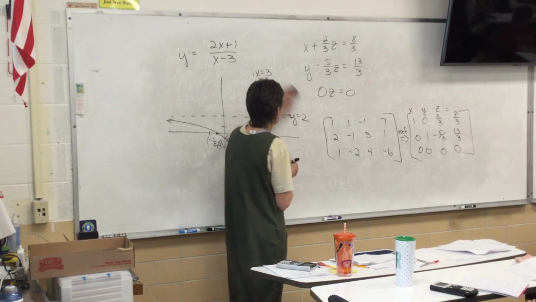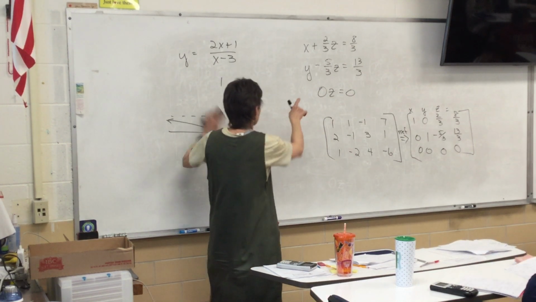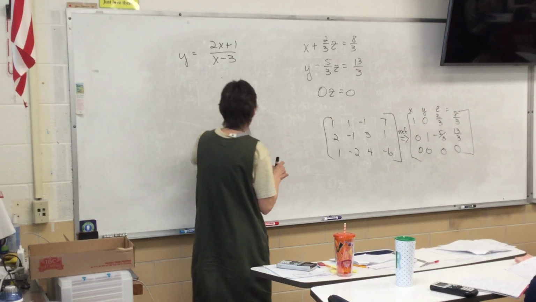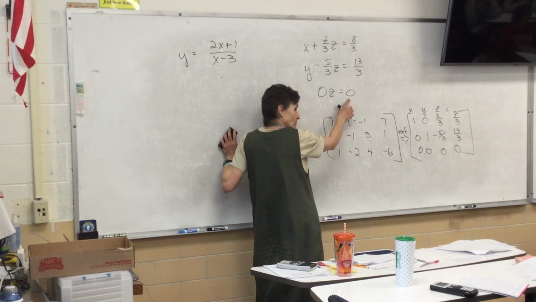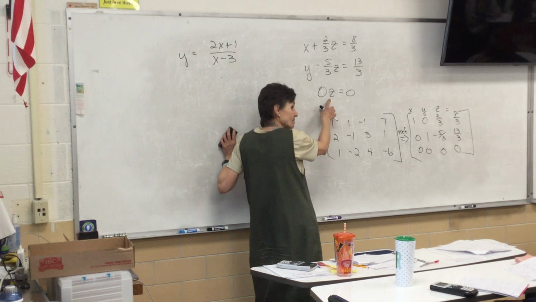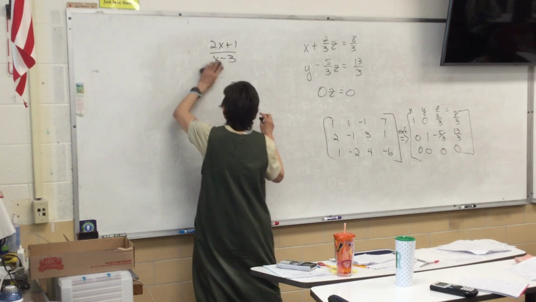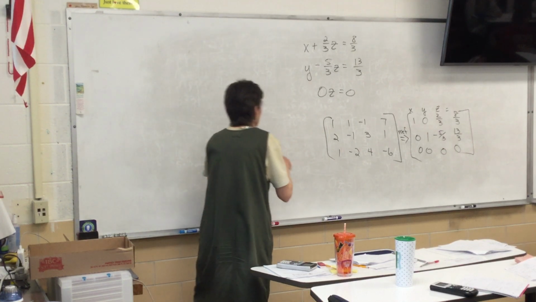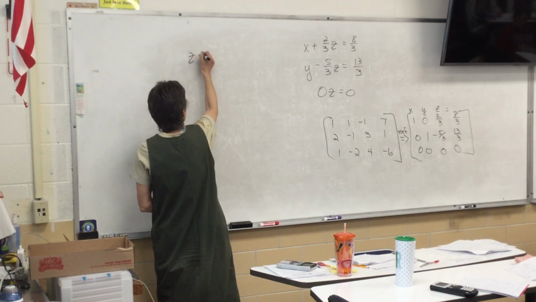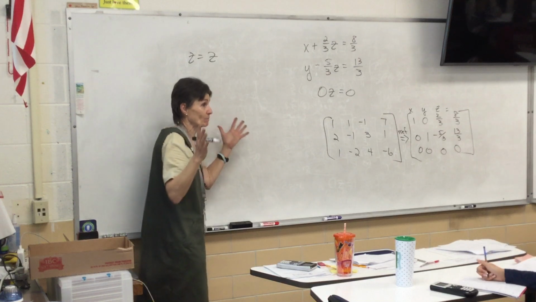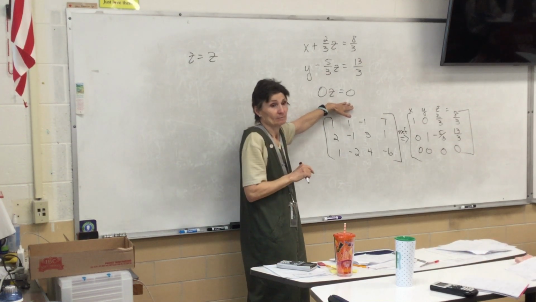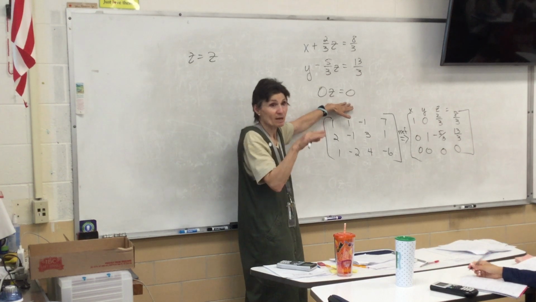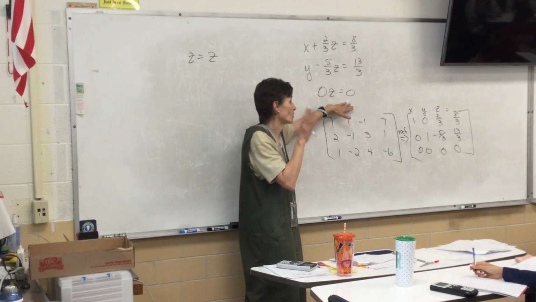When we write our answer, that literally means if 0 times a number is 0, can't the number be anything? So the way we reflect that, or the way we write that, is we just say z equals z. Z is whatever. This means z can be anything. Right? 0 times 5 is 0. 0 times the square root of 17 is 0.